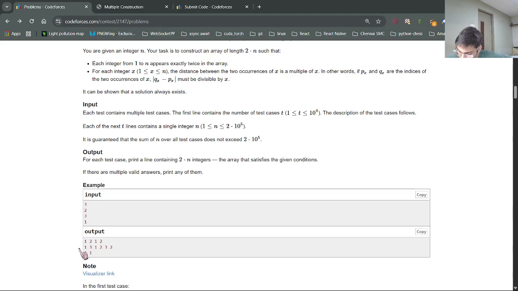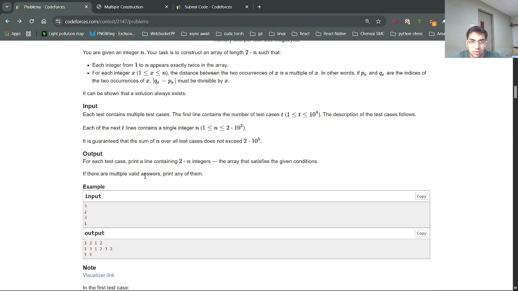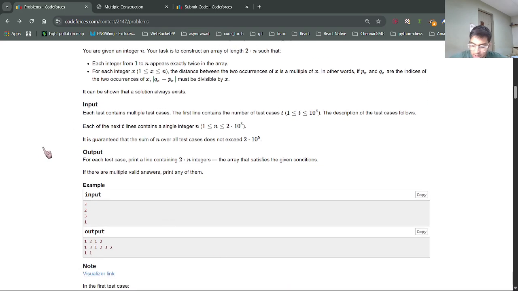If I put a 2 here, I can't really find out a way to, it is bad.